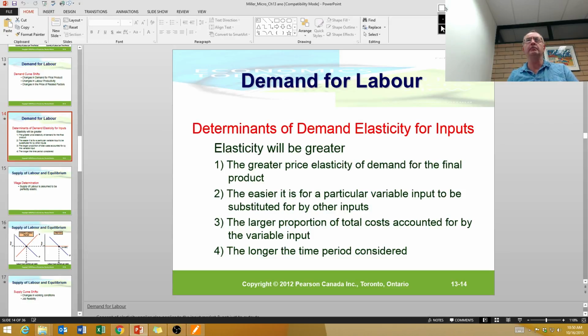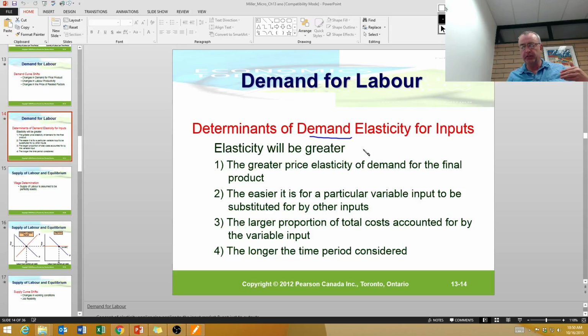So it's the same definition that we saw back in chapter 4 or chapter 6. Price elasticity of demand is change in quantity demanded divided by the change in price.